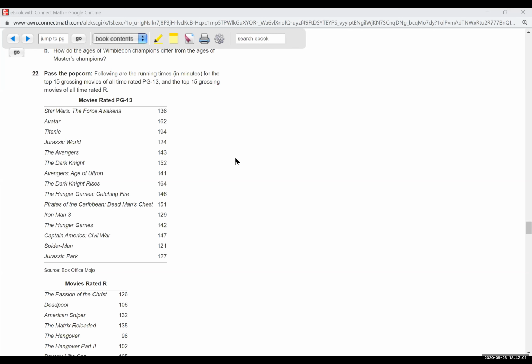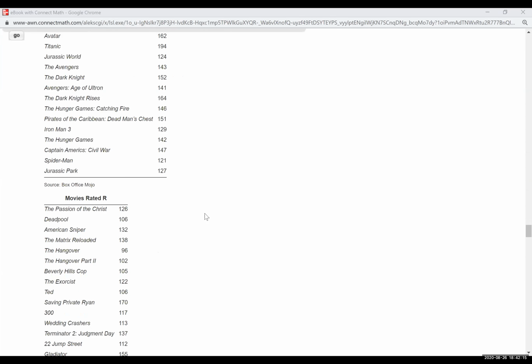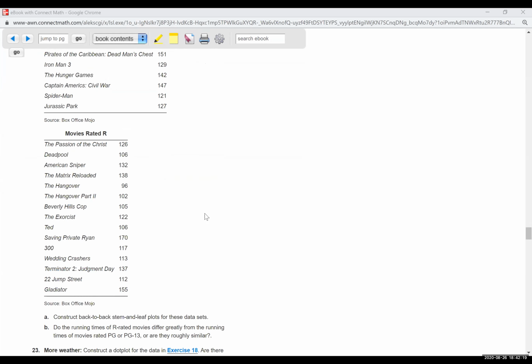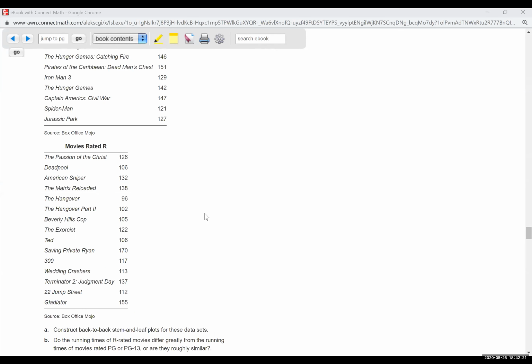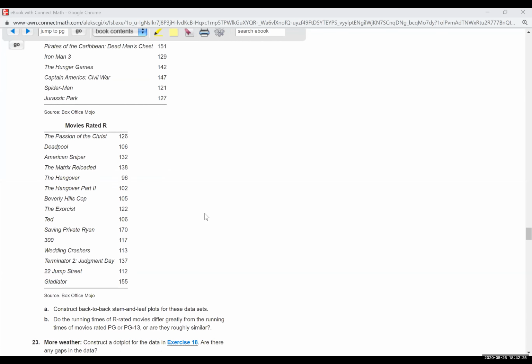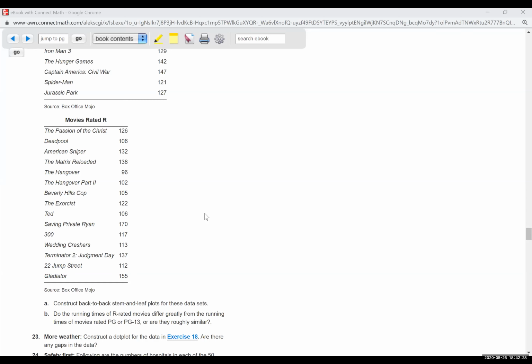Pass the popcorn. The following are the running times in minutes for the top 15 grossing movies of all time rated PG-13, and the top 15 grossing movies of all time rated R. We're going to construct a back-to-back stem and leaf plot for these data sets.